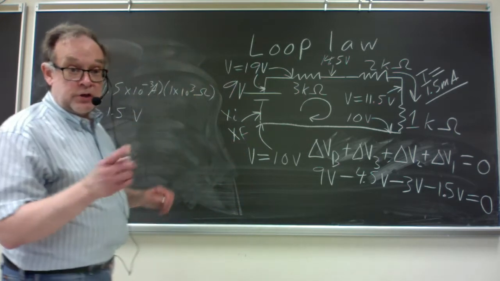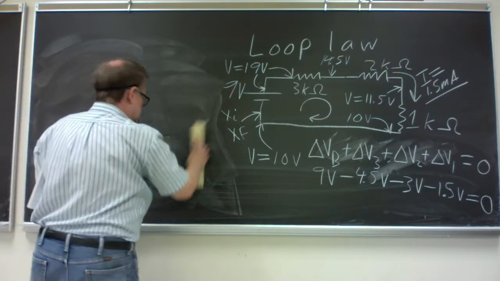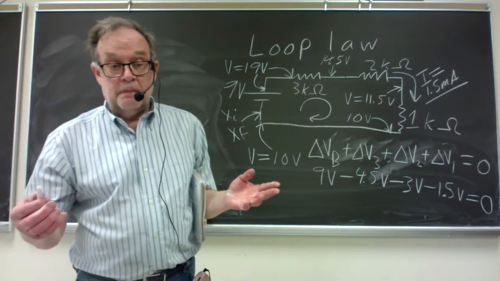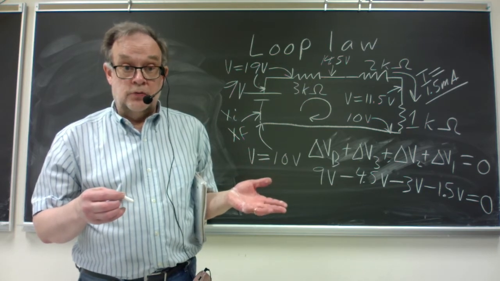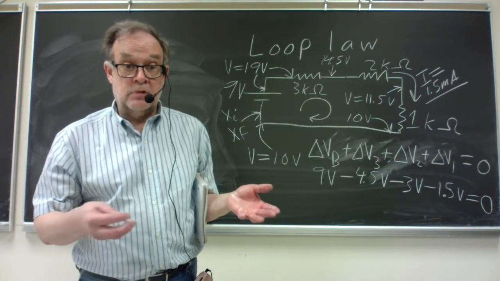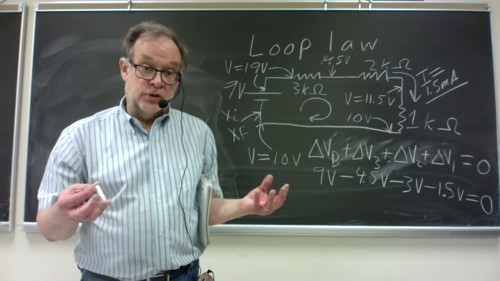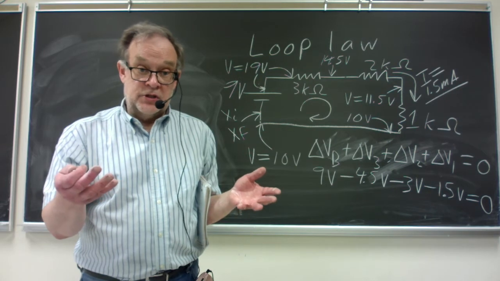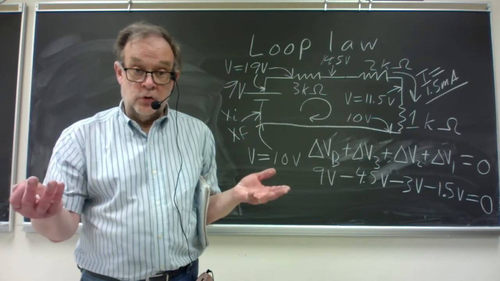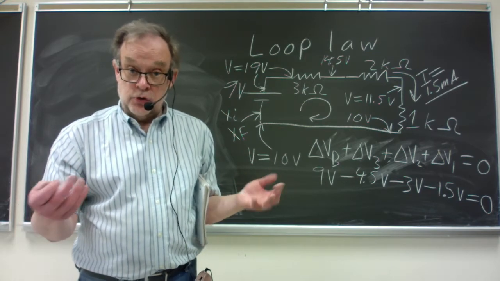But here are two other things you should think about. In any circuit that's made up of a source of potential difference, like a battery or connection to a wall socket, whatever, so that current can flow, and then a bunch of resistances through which all that current flows, there's always something we can do no matter how complicated the circuit might look.